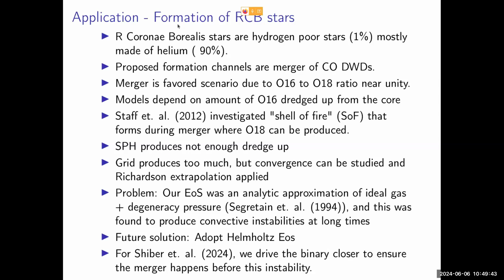On this paper here, we compared results from Octo-Tiger and another code called Flower, and it also looked at SPH results. With SPH, you get enough oxygen dredged up. But with grid, because of numerical viscosity, you got too much. But with grid, you can look at convergence by making the grid higher resolution.